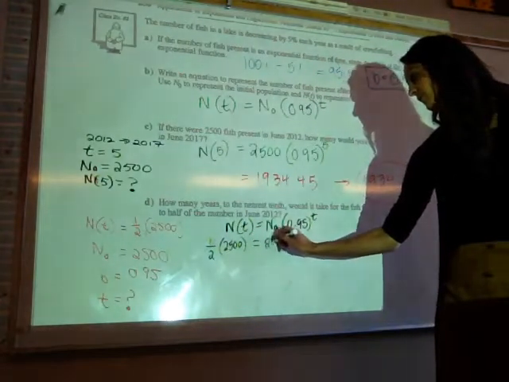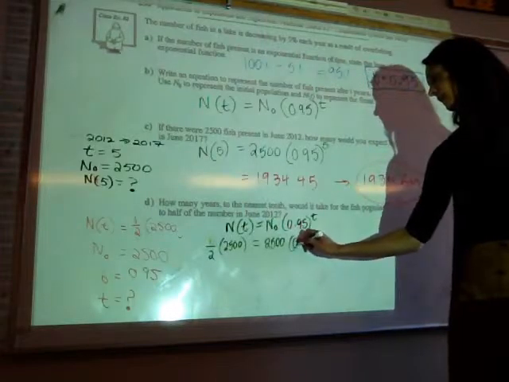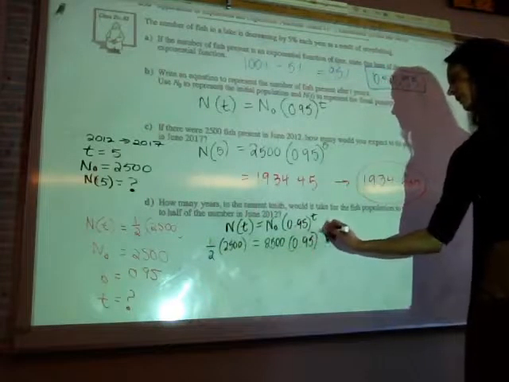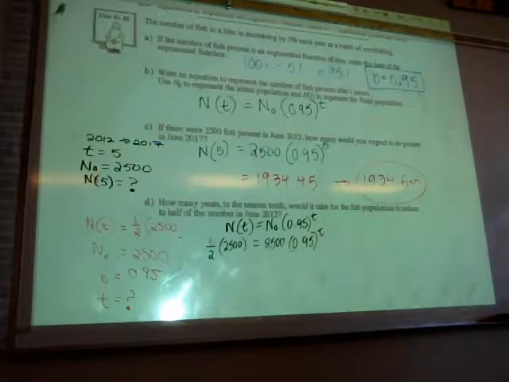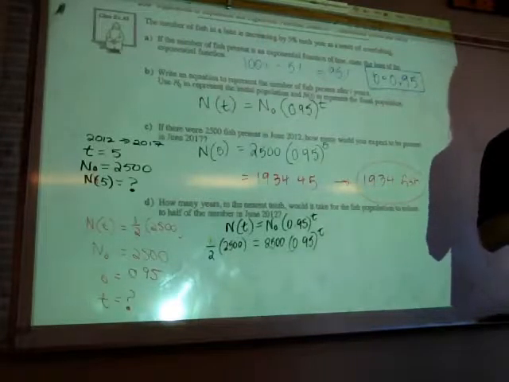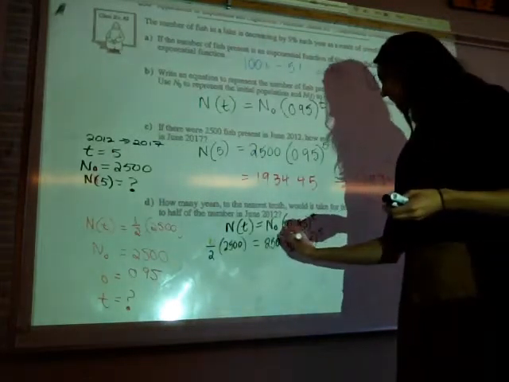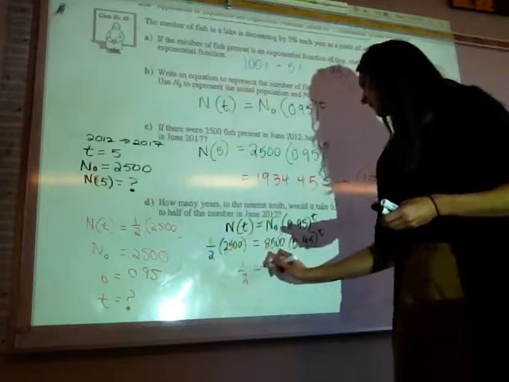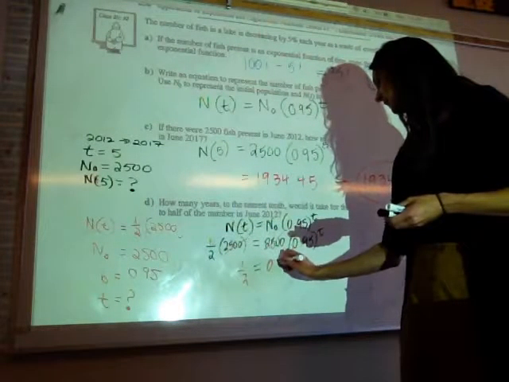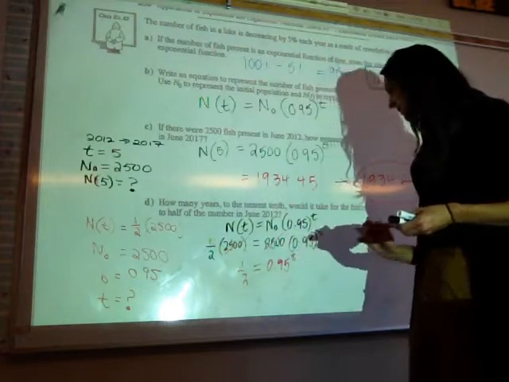We started with 2,500, the decay rate is 0.95, and we have to solve for t. So what's going to happen to the 2,500? Divide by 2,500 on both sides. They cancel out. Then we get half, or 0.5, equals 0.95 to the power of t.